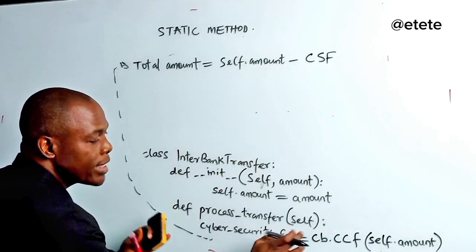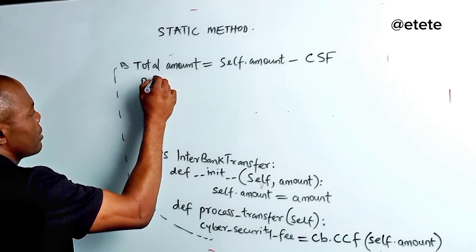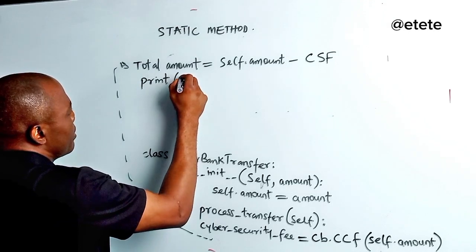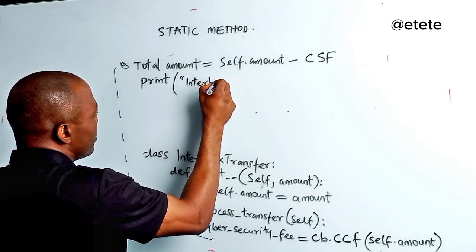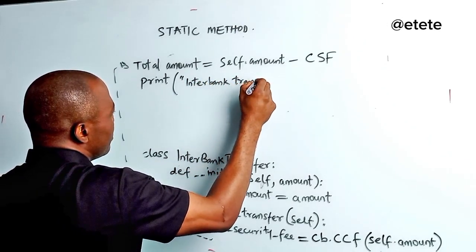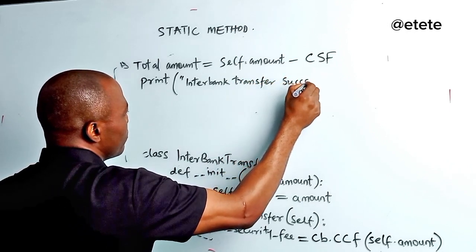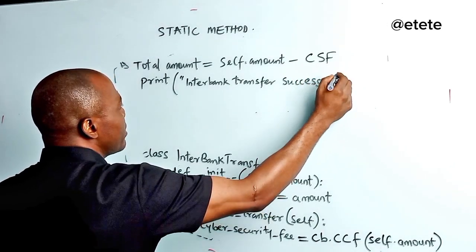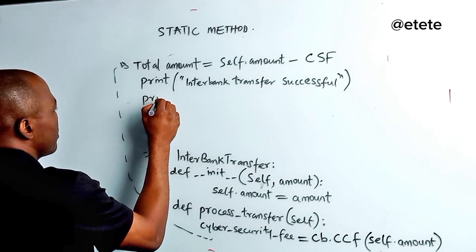Now, still under this method, I'm now going to say print, right? Interbank transfer successful, right? Interbank transfer successful. That is one. So I will say print.